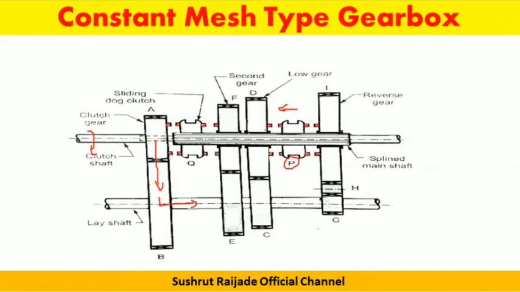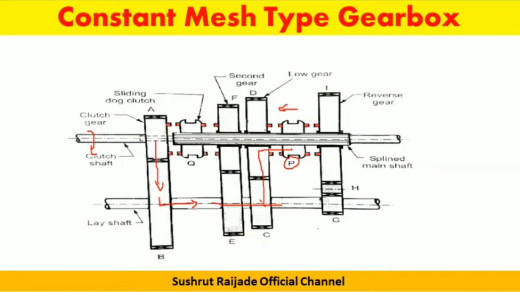As all the gears are rigidly mounted on the lay shaft, all gears will rotate. So from gear B, the power will be transmitted to gear C, and from C to gear D, and from gear D, the power will be transmitted to gear P, as P and D mesh with each other.